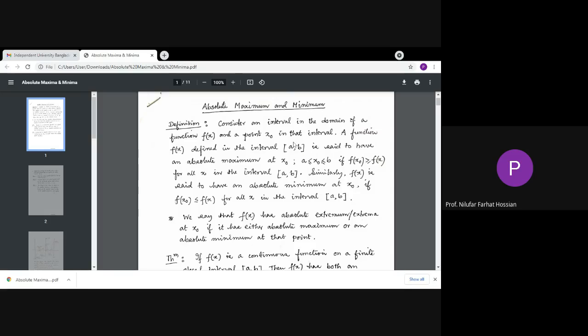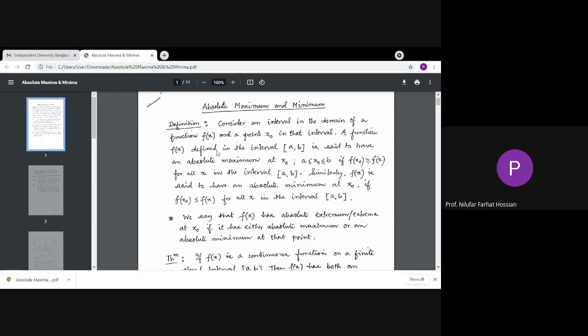But if it is enclosed with first bracket, it means it is an open interval, and in that case x cannot be exactly equal to a. x should be greater than a and less than b if it is open. But here it is enclosed with third bracket. That means the lower limit a and the upper limit b are included in the interval.